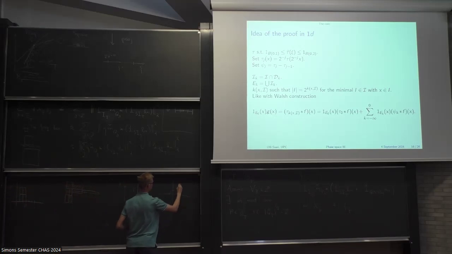Then we do the dilations to have things that are fully supported in the ball, with radius 2 to the J. And then we have the sides, which are the ones that have the anchors.